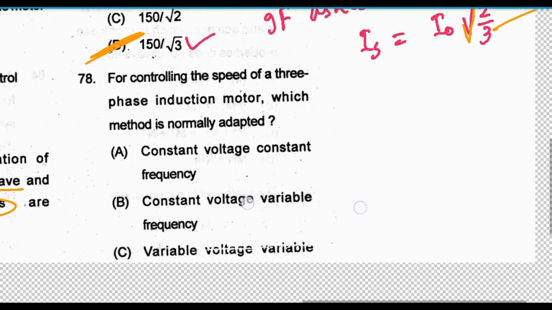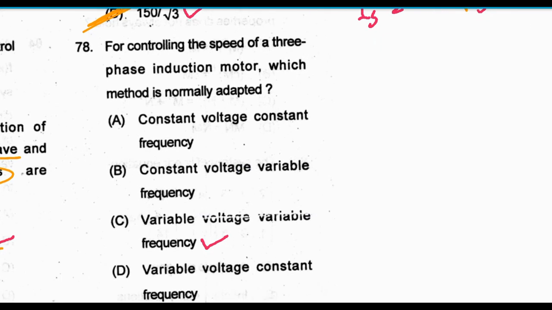Next question is question number 78. For controlling the speed of a three-phase induction motor, which method is normally adopted? Constant voltage, constant frequency; constant voltage, variable frequency; variable voltage, variable frequency; variable voltage, constant frequency. So here we know that in electrical machines, an induction motor can be controlled from both its stator portion and from its rotor portion.